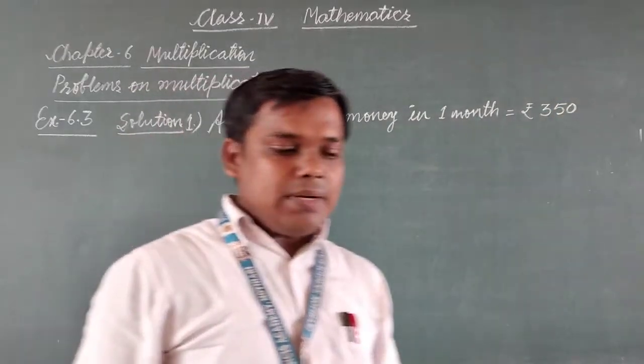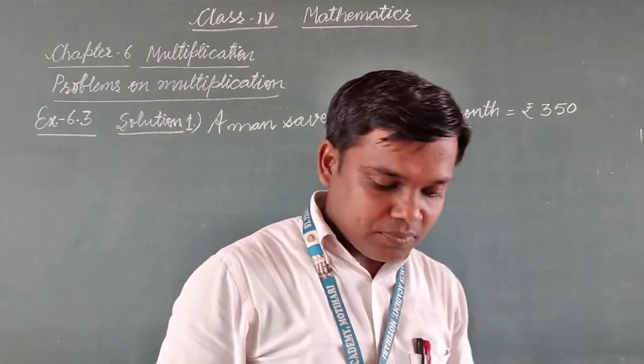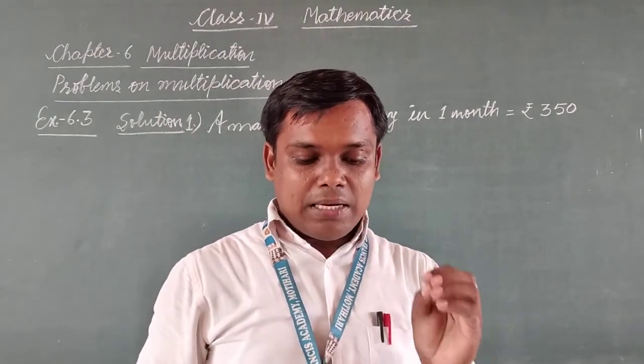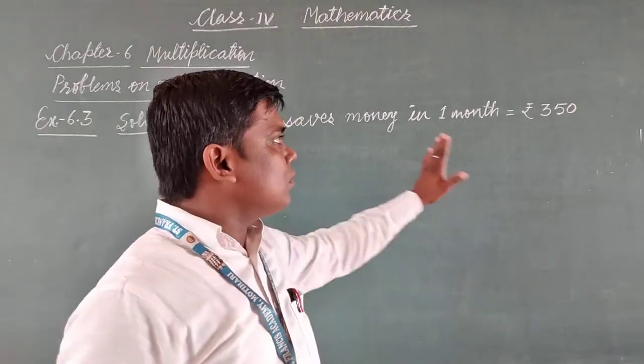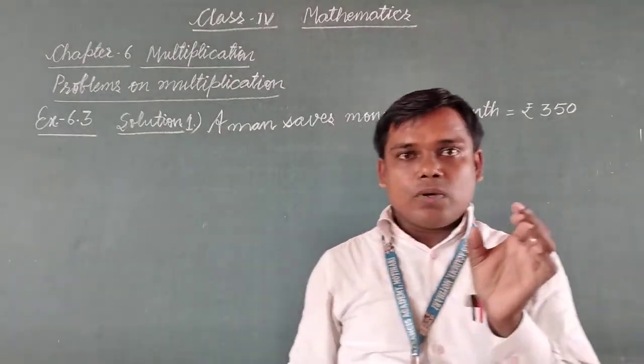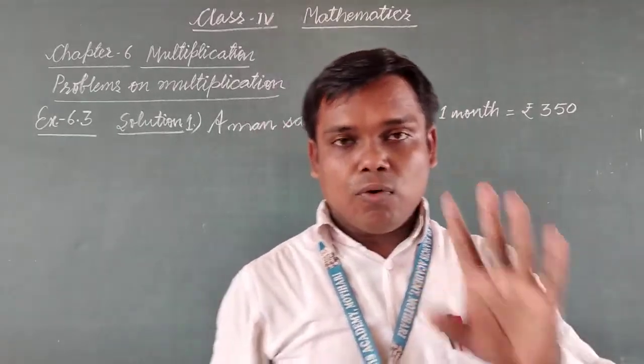In the first statement is given, a man saves rupees 350 per month. Money saved by man is 350 in 1 month. Number of years given means he saves money in 4 years.